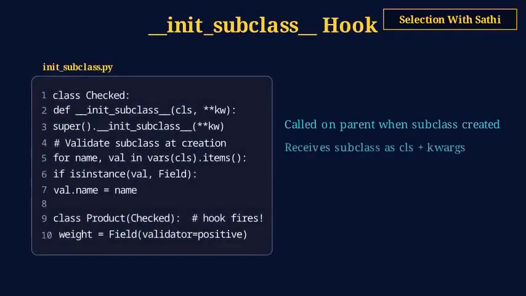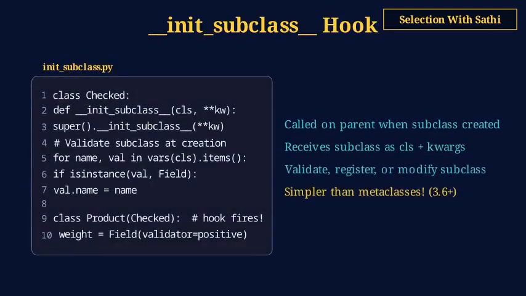__init_subclass__ was introduced in Python 3.6 as a simpler alternative to metaclasses. When you define a subclass, Python calls __init_subclass__ on the parent class, passing the new subclass as the first argument. You also receive any keyword arguments from the class statement.